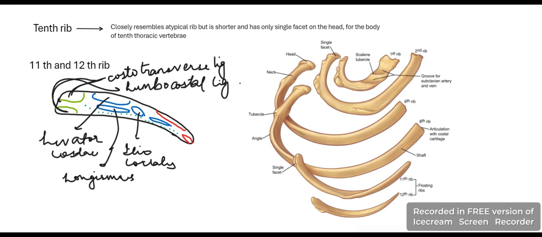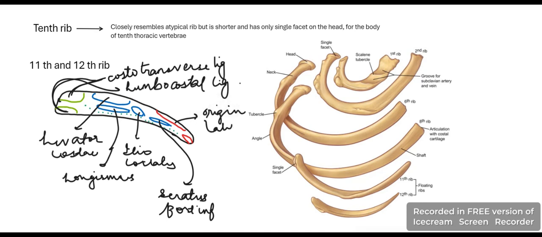See this one is the serratus posterior inferior. The origin of the latissimus dorsi muscle is here.